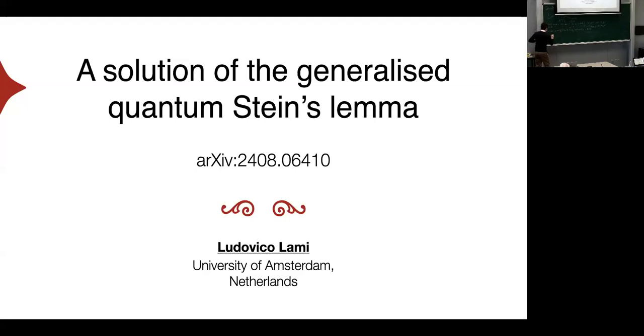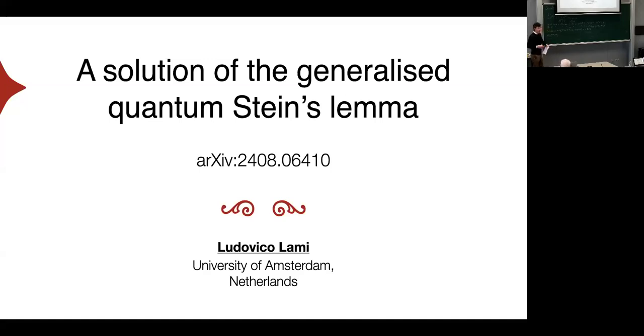So beta epsilon of many copies of the state, rho tensor n versus sigma tensor n. Okay, so it's just many copies of the state rho, many copies of the state sigma. What do we expect for this quantity? Well, we expect it to decay exponentially fast. And why is that?